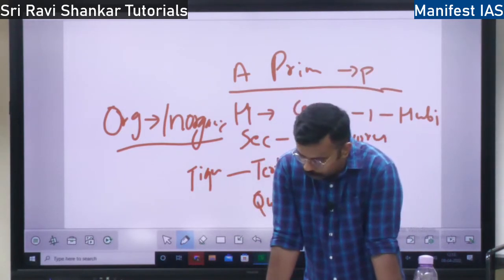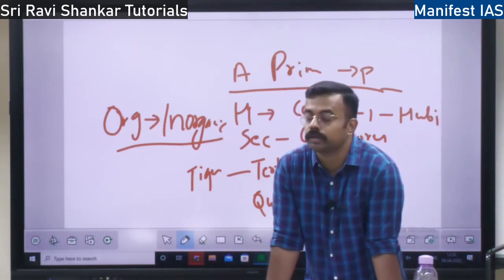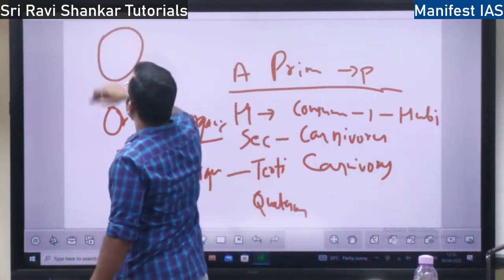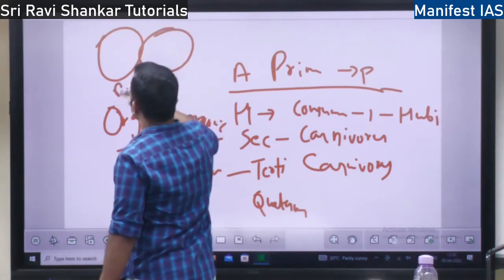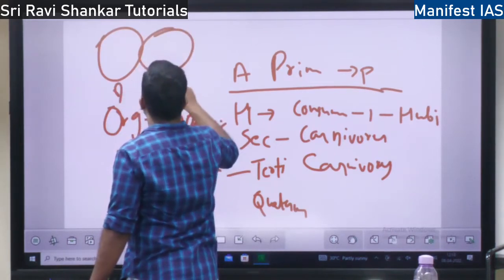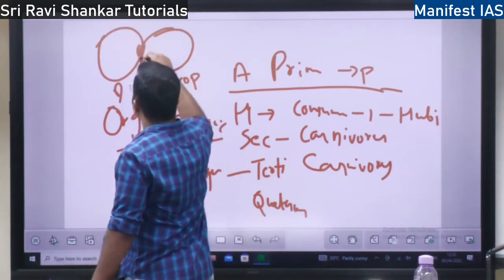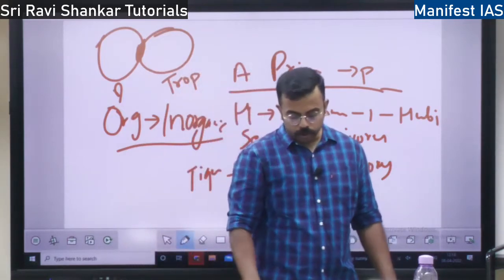Next, we will talk about this concept called ecotone. What is ecotone? Junction between two or more diverse ecosystems. Let's say, see, here you have desert ecosystem and here you have, let's say, tropical forest. So the junction, the middle point is called the ecotone.